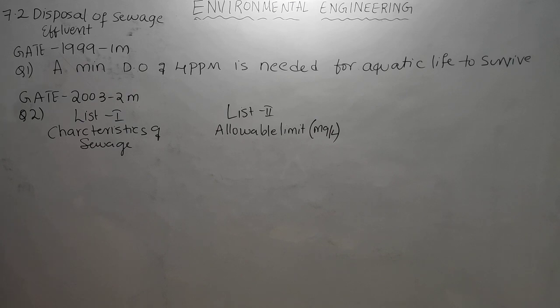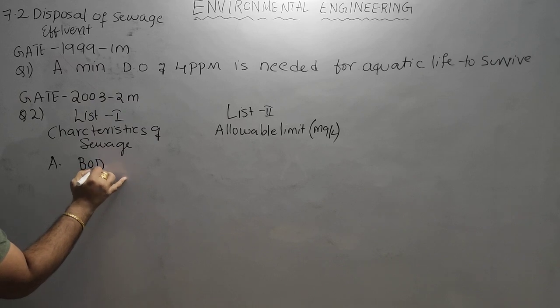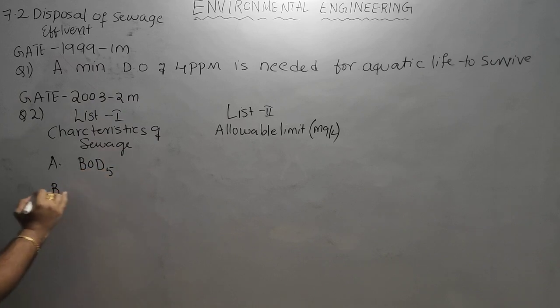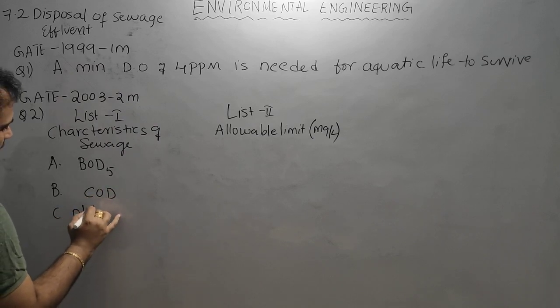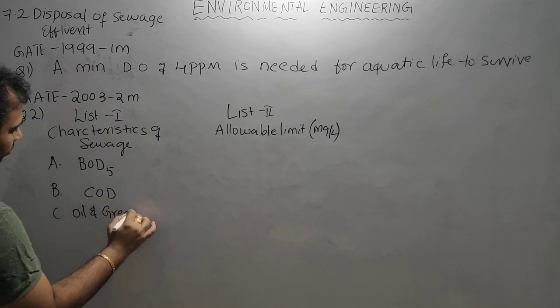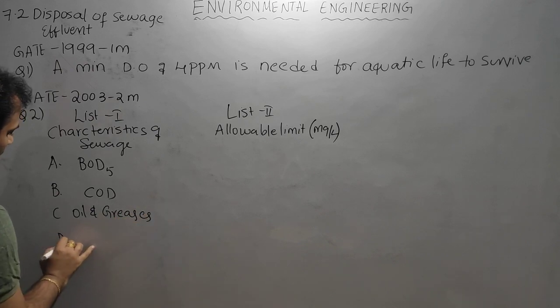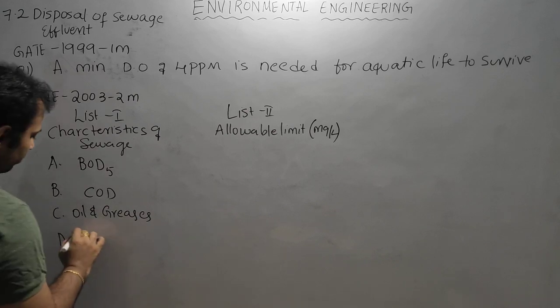Select the correct answers. A is BOD 5, B is COD, C is oil and greases, and D is total suspended solids.